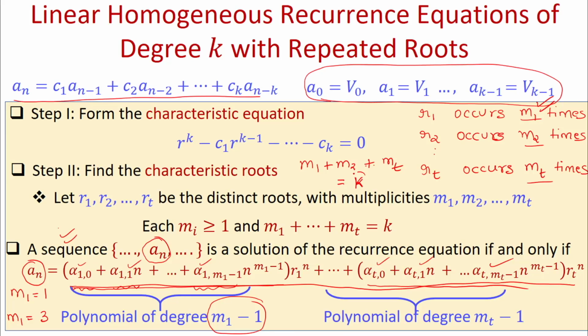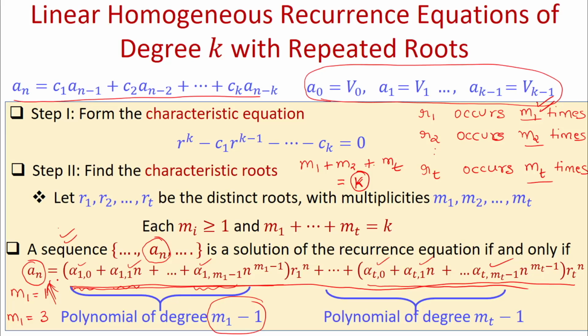So you will be having k unknown constants here, and if you are given k initial conditions, namely v0, v1 up to v of k minus 1, by substituting n equal to 0, n equal to 1, n equal to k minus 1 in this general formula, you get k equations in k unknowns. By solving them, you get the exact constants.